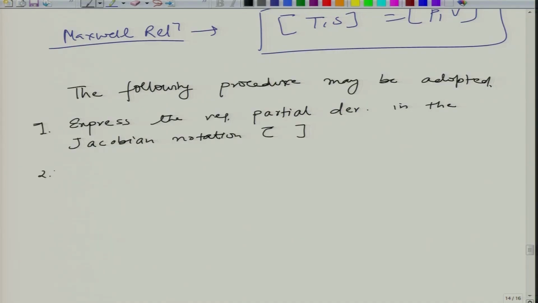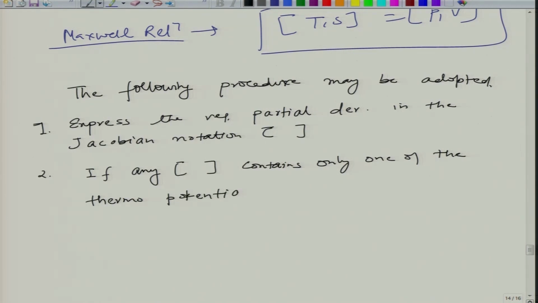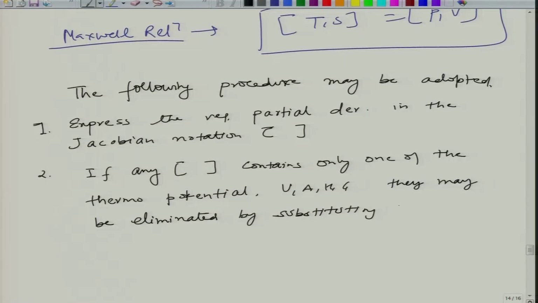The second step is if any notation or Jacobian expression contains only one of the thermodynamic functions or potentials, that is U, A, H and G, they may be eliminated by substituting from the thermodynamic fundamental equation. So, that is point number 2.